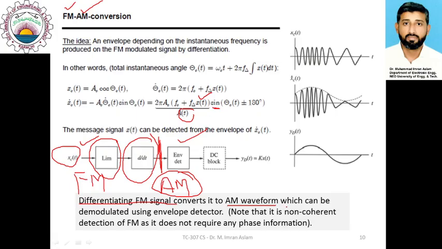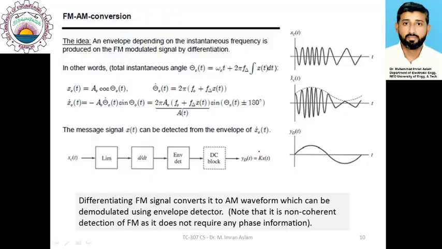So this AM signal can now be detected by a simple envelope detector, and sometimes we need to use a DC blocking component, so that if there is any DC component, it is removed from the signal. You should notice that this entire setup does not require any synchronization.